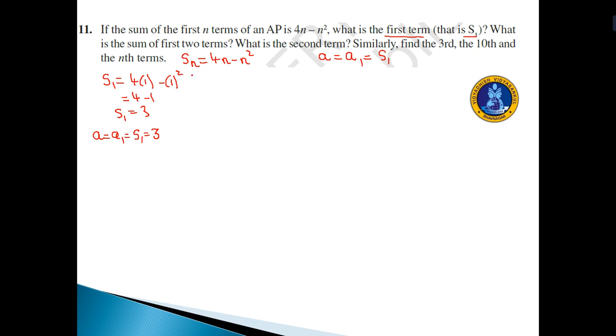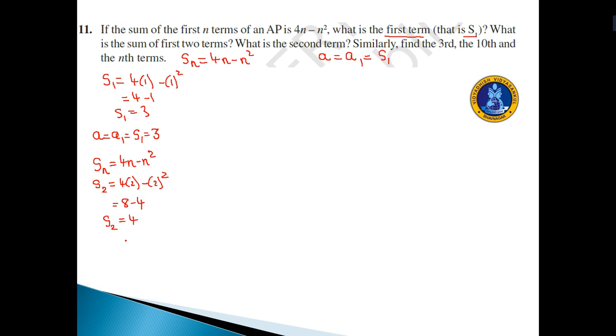Now, what is the second term? First of all, I have to find S2. So Sn is equal to 4n minus n square. S2, that is 4 into 2 minus 2 square. That is 8 minus 4, that is 4.